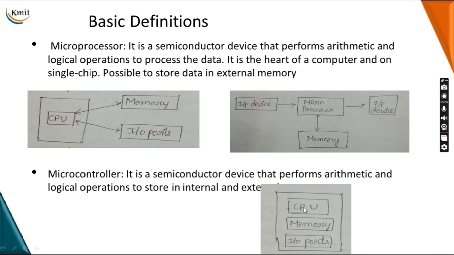And one important point regarding microprocessor and microcontroller is that a microprocessor can do multiple tasks at a time, whereas a microcontroller can perform only one task or function at a particular instant of time.